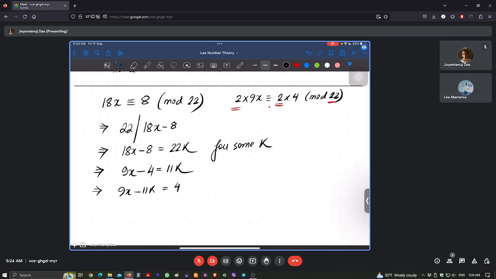So we have to find integers x and k such that 9x minus 11k equals 4, right?